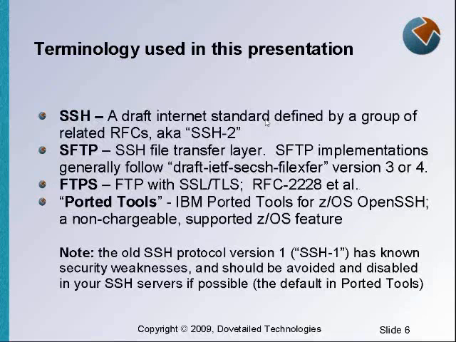It's important, I think, to start off the presentation by talking about some terminology just so we can keep it straight. When I use the word SSH, what I mean is the general internet standard defined by the group of RFCs that are often referred to as SSH2. SFTP refers to the SSH file transfer specification, a spec under SSH. SFTP implementations out there generally follow this draft spec, version 3 or 4.